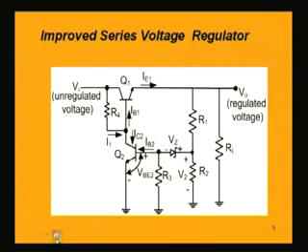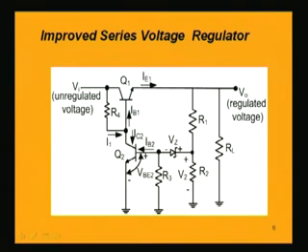Now another modification, or improvement, of this series voltage regulator is done in this circuit, which is a little more complex than the earlier one, but it's better. If we look into this circuit, we can see there are two transistors, Q1 and Q2, and also another Zener diode.